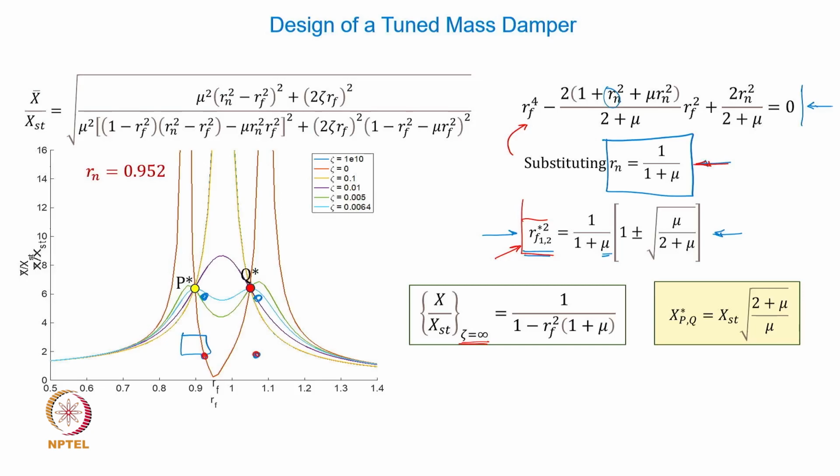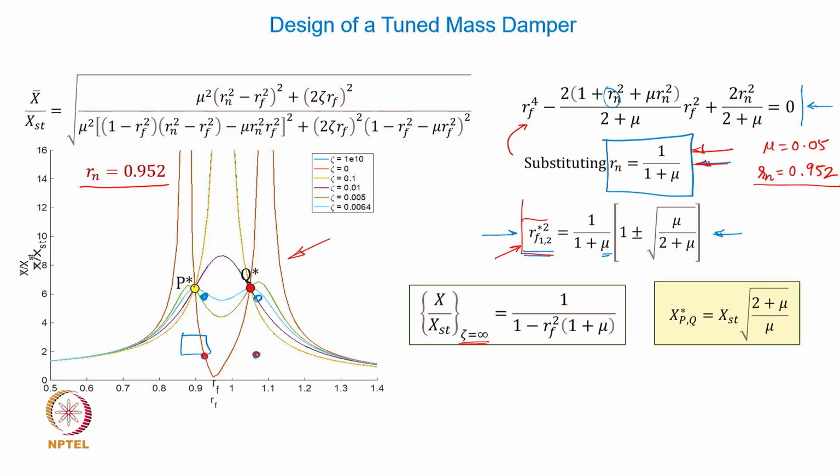So here what the graph shows is that if you choose this particular natural frequency ratio for, let's say, a value of mu equal to 0.05, the Rn turns out to be 0.952, and if you choose this value of Rn equal to 0.952, then the graphs would look like this.